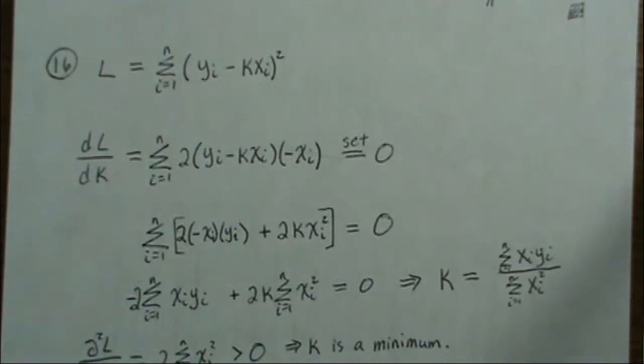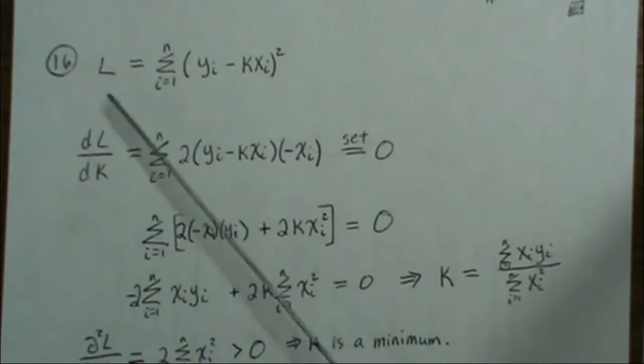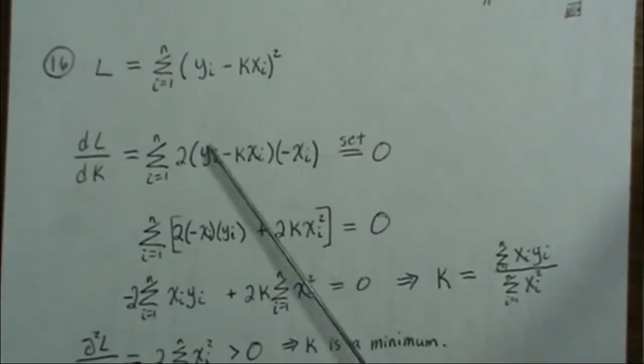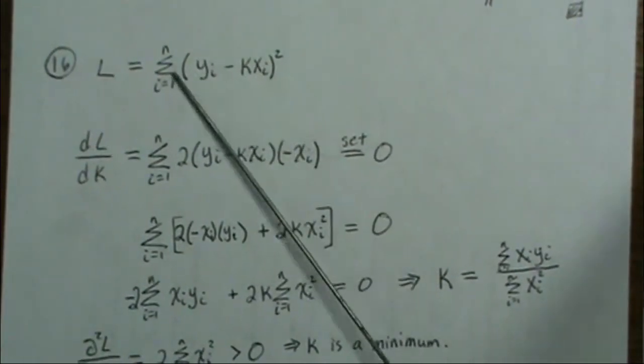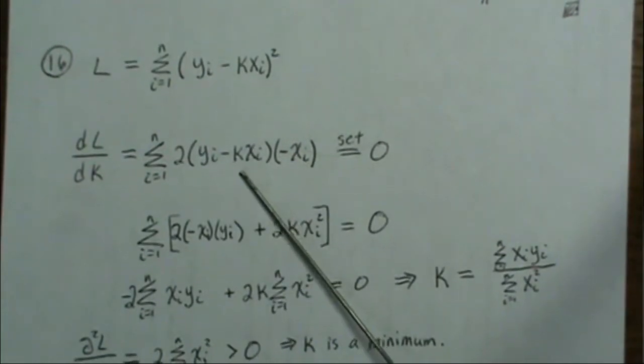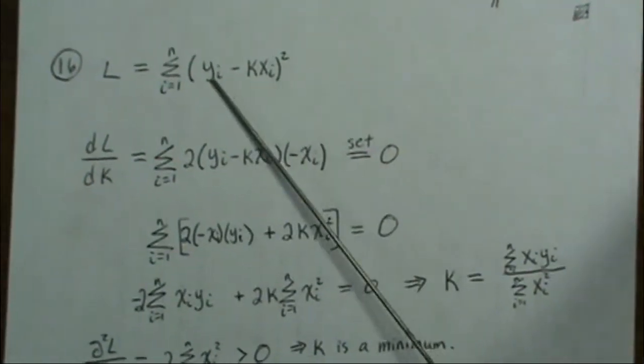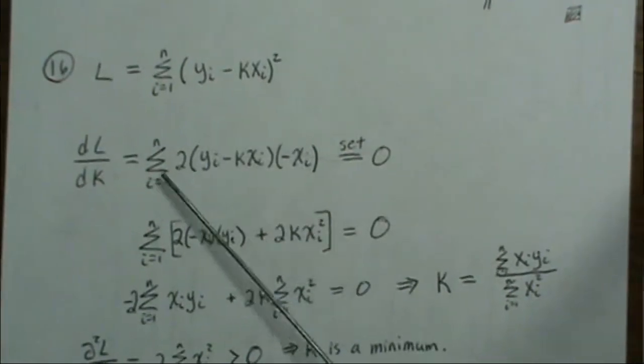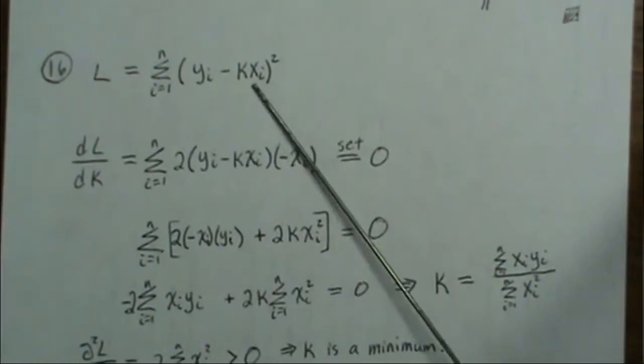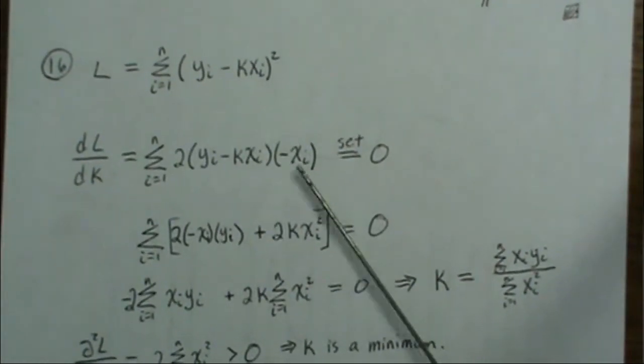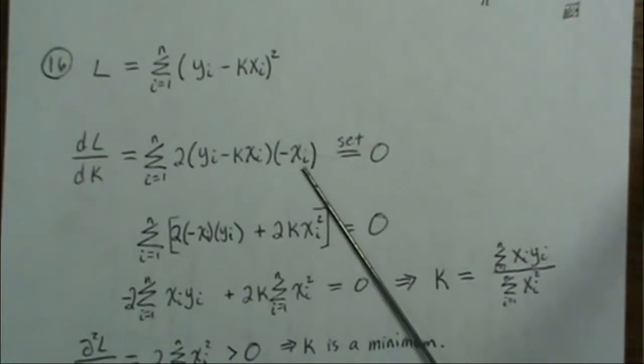Now, some of you will remember what the equation is for k, and I didn't, so I need to solve it. We're going to take the derivative of L with respect to k. So 2 times what's inside, times the derivative of k, which is negative xi.